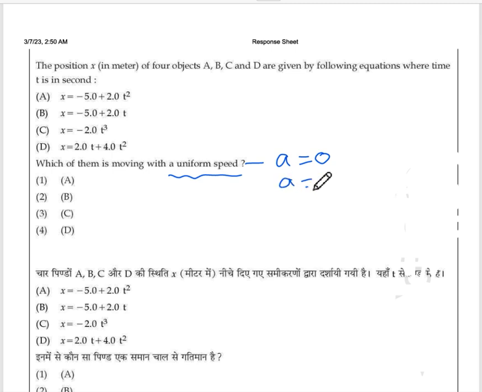Acceleration is known as dv by dt, or change in velocity. As speed is uniform, the change in speed is zero, so acceleration will become zero. If we write acceleration in terms of displacement, we can write a equal to d square x by dt square, which is a double derivative.